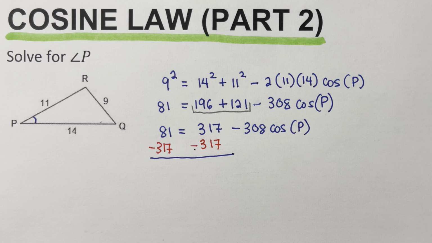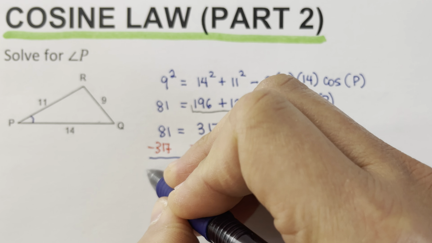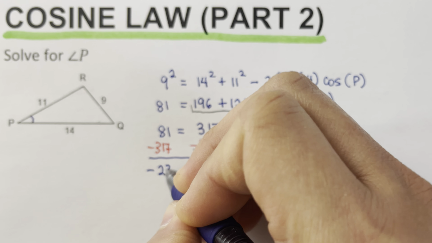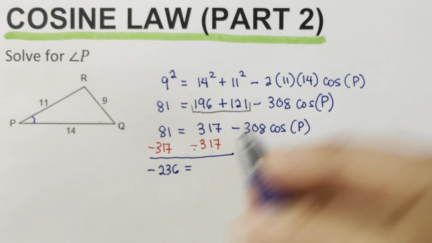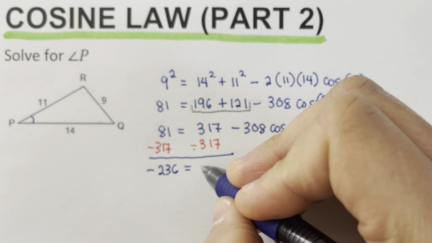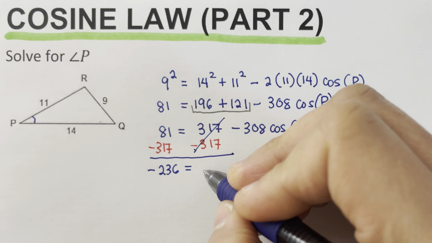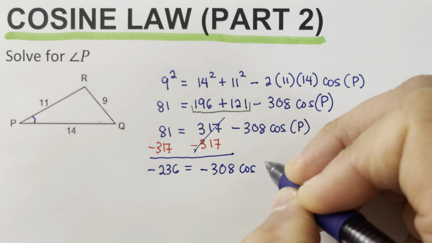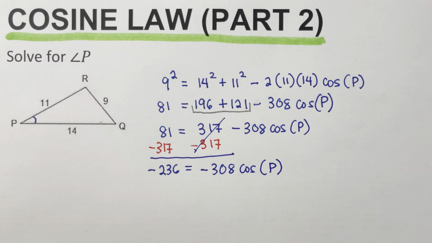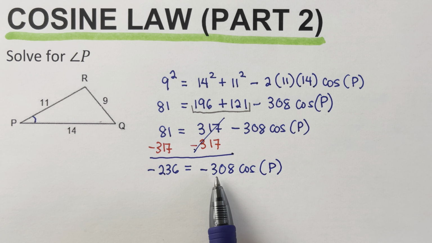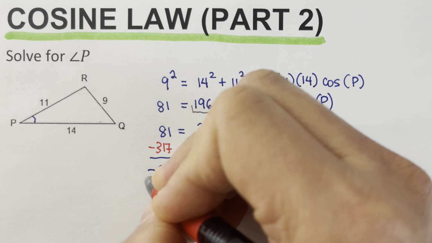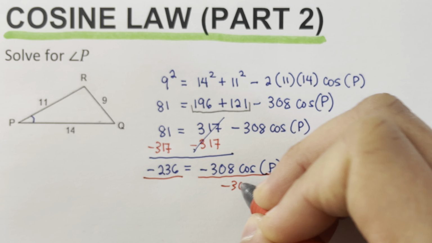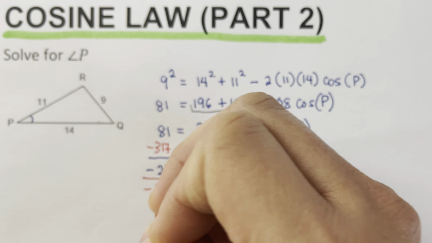If we do the math here, 81 minus 317 is negative 236, and that is equal to negative 308 cosine of angle P. From here, we divide both sides by negative 308.